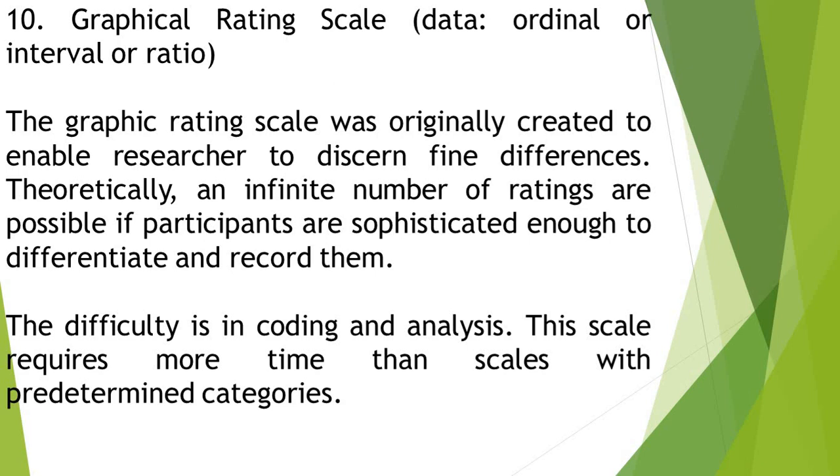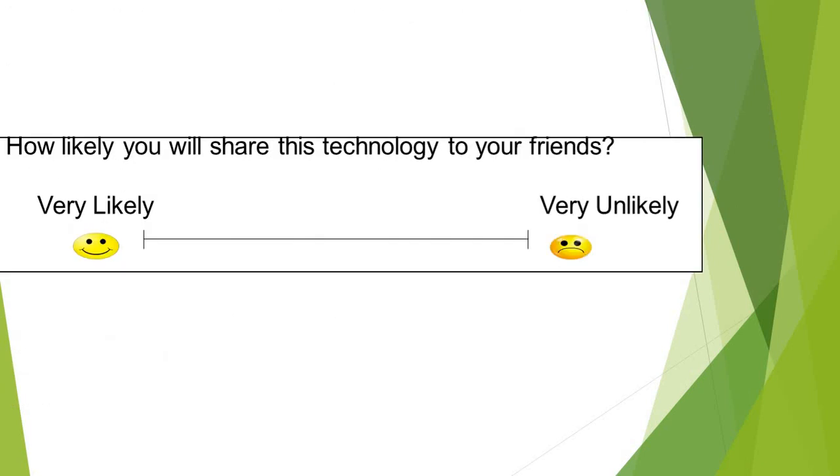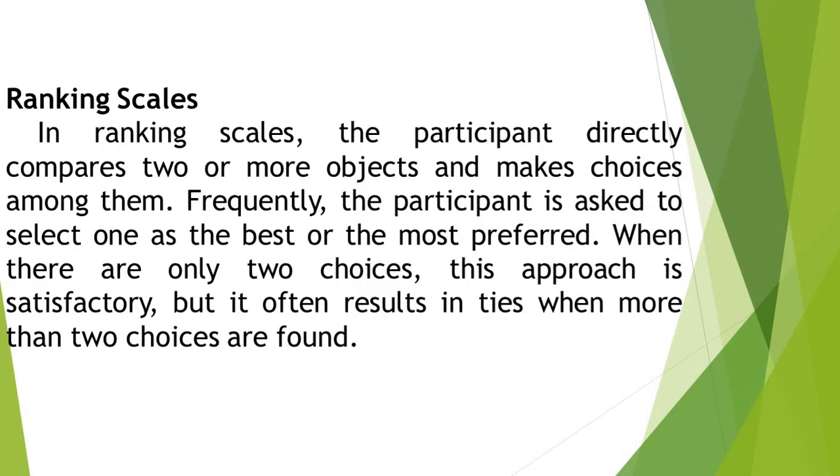The scale requires more time than scales with predetermined categories. Like for example, how likely you will share the technology with your friends. So you emphasize very likely or very unlikely, without lines to identify if it is neutral or likely, unlikely or very likely.